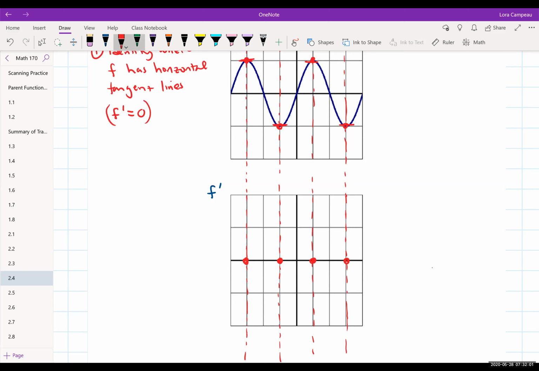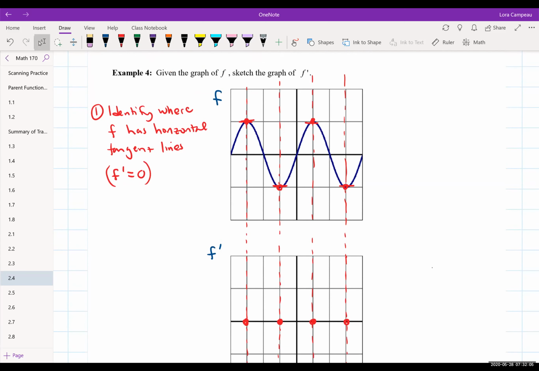Now the next thing I want to do is look at the behavior of f. Maybe I'll write it off to the side. We're going to look at the behavior of f between those zeros of f prime. In other words, let's talk about what the function is doing.